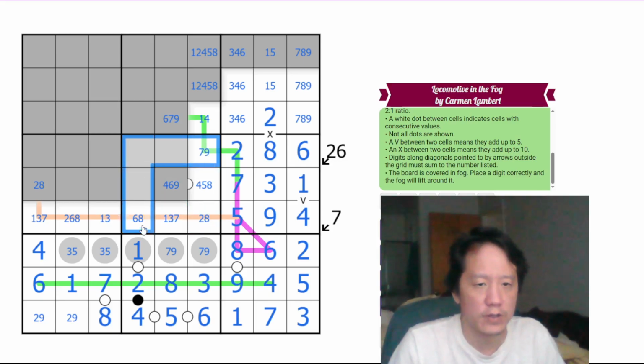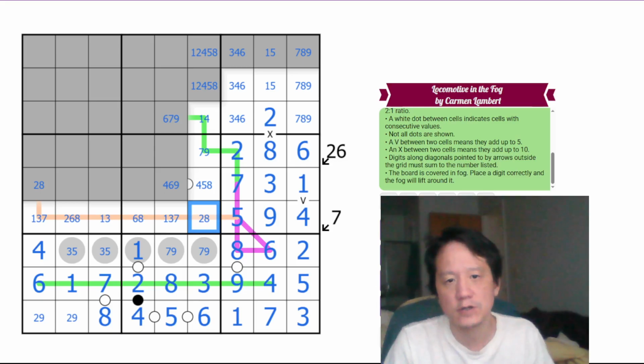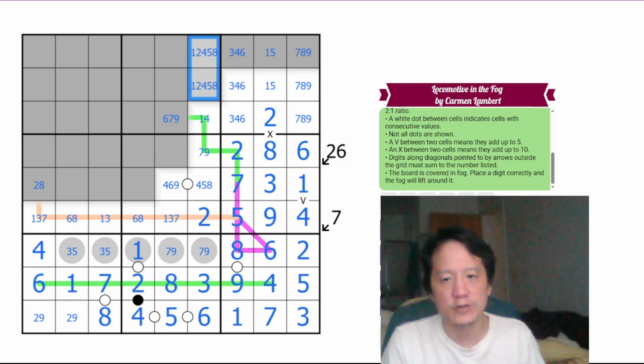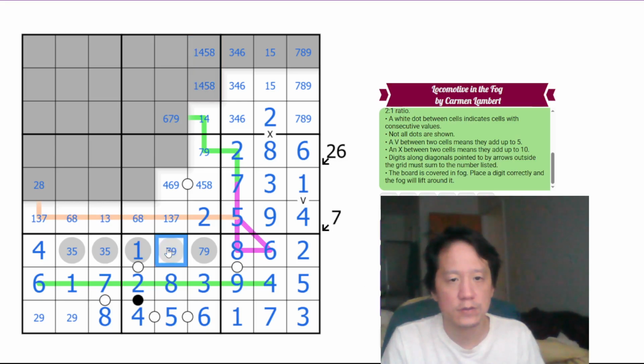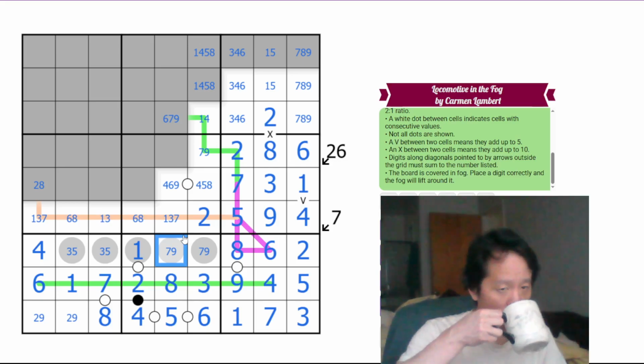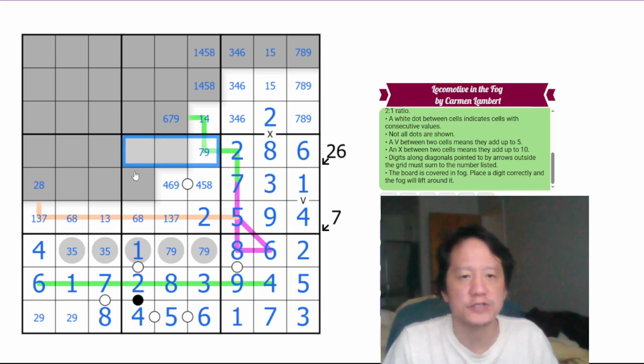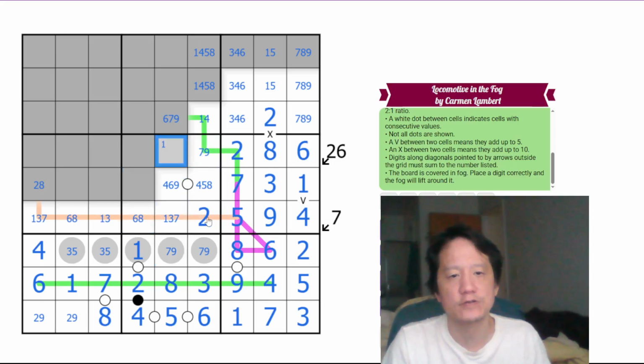Can't be here, can't be here, can't be here, because the 2 would have to be consecutive with 1 or 3, so it must be here. So this is a 2, which means this cannot be 2. These cannot be 2 either. Whereas the 1 in the central box, it has to be one of these 2 cells. 4 can be one of these 3 cells in the central box.